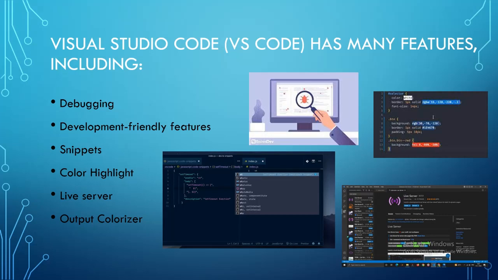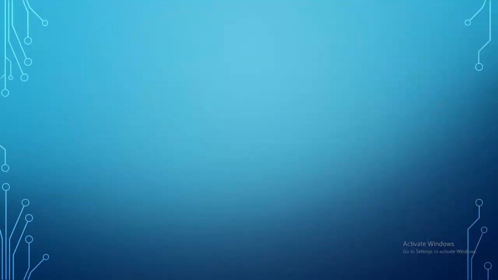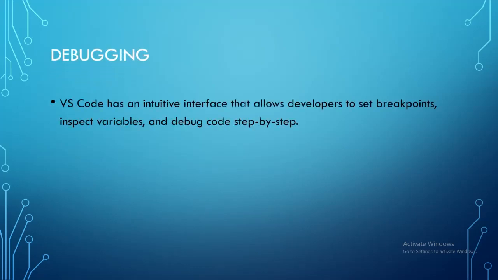So the first feature was debugging. VS Code has an intuitive interface that allows developers to set breakpoints, inspect variables, and debug code step by step. So this is what debugging is.